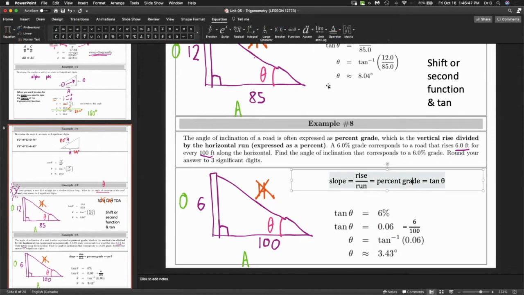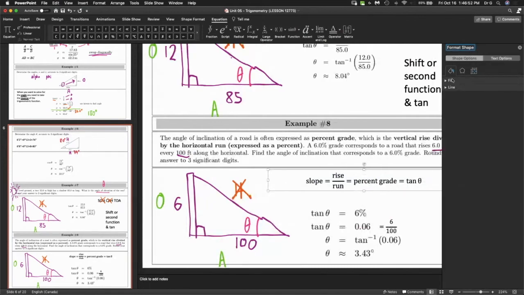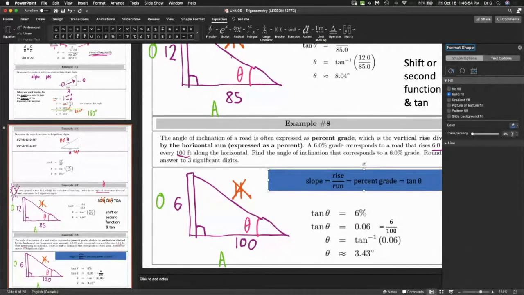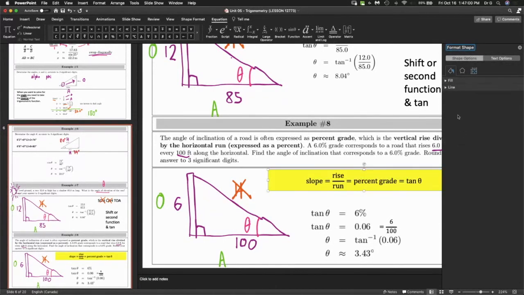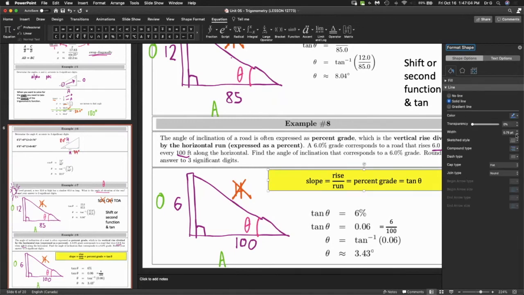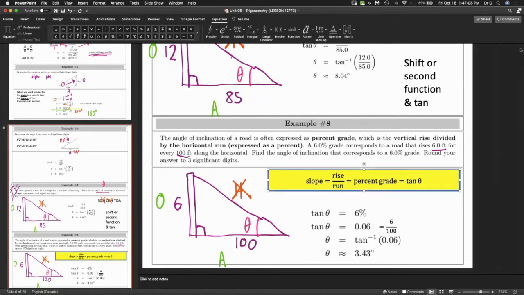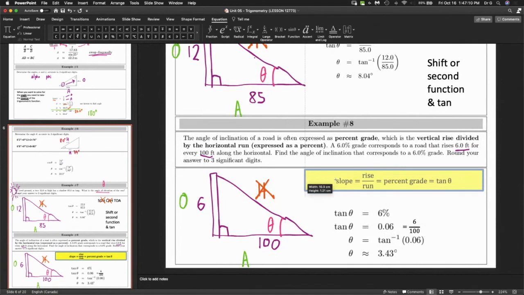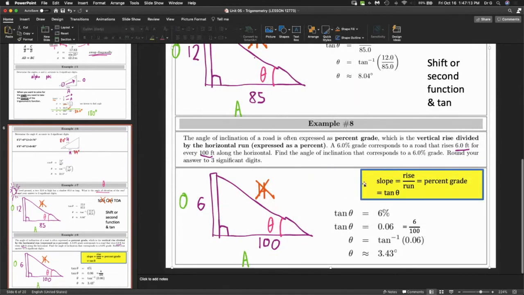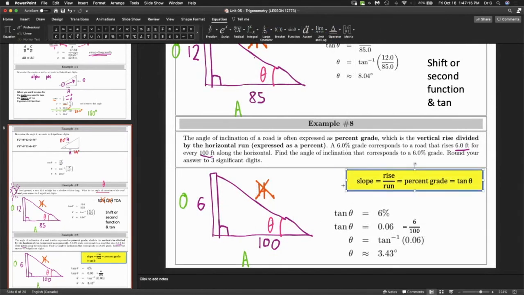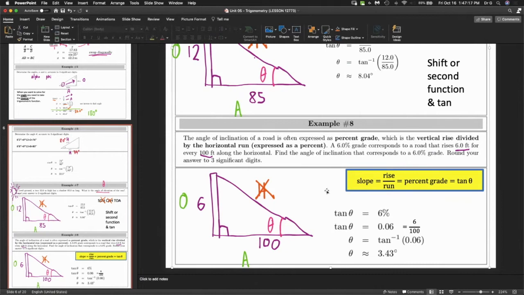All of these things are the same. It's just a neat thing for you to know. I'm going to make it a nice yellow box because that is exciting. I'm doing that because in construction, you got to know this. You got to know percent grade inside out.